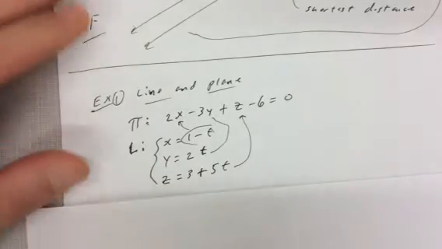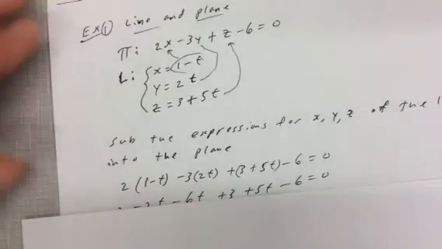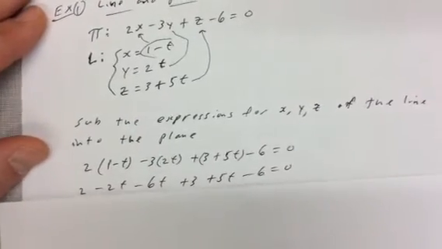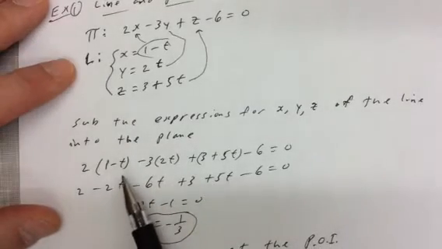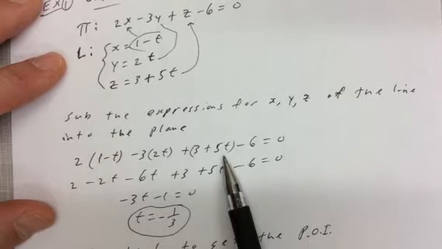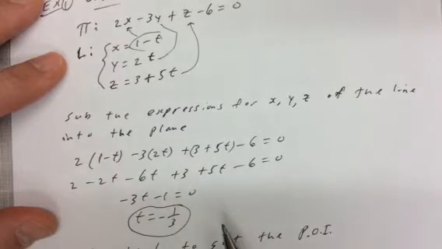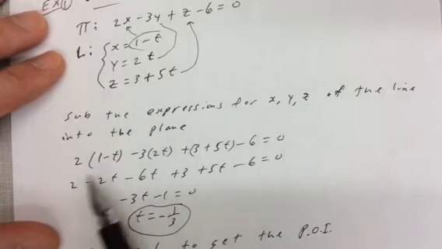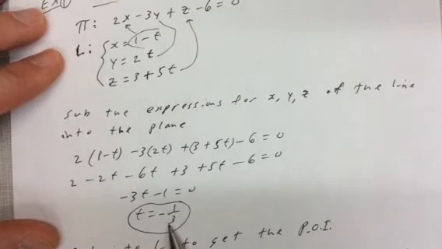When I sub the expressions for each of those in for the variables in the plane, I end up with an equation that has just one variable, t. You can rearrange that. This is a grade 9 problem. Just rearranging, isolating t, you get t equal to negative 1/3 in this case.